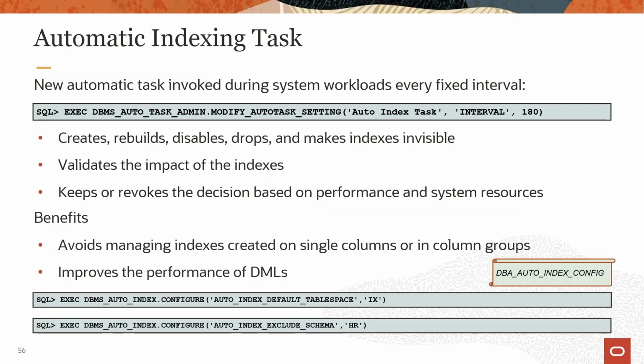This automated task establishes a set of candidate indexes for creation during workloads in order to create single and composite indexes based upon single column usage or column group usage tracking. It will also validate the impact of indexes, but it can also look at which indexes should be rebuilt or should be disabled or should be dropped.